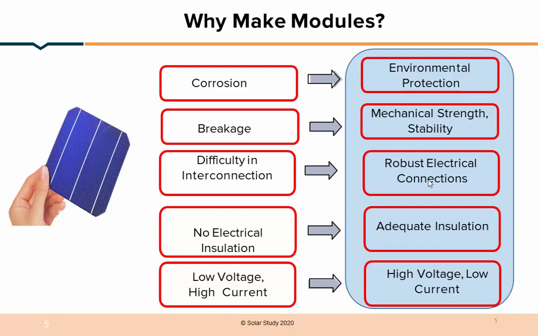If I have more modules, I will get a higher voltage, because in a series connection of cells, the current will be the same and the voltage will add up. One 60-cell module contains 36.6 volts and 8.2 amperes, because one cell generates only 8.2 amperes. So by connecting in series I will get only 8.2 amperes, because in series the voltage adds up and the current stays the same.